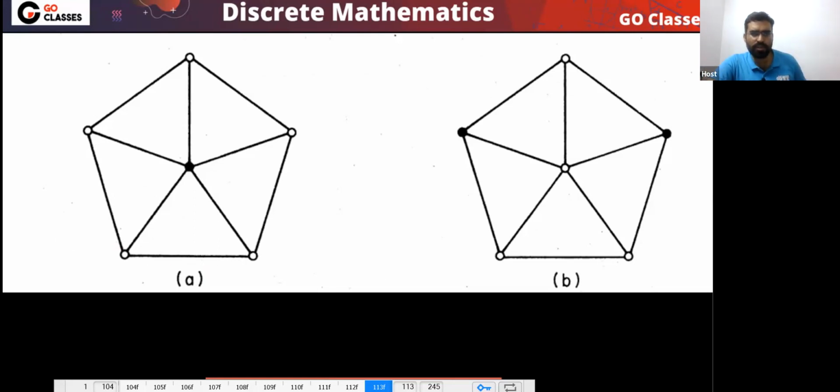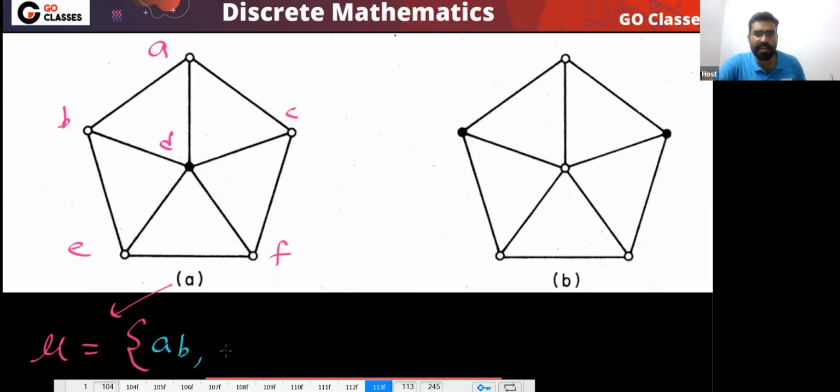Let's see for this graph, what is the matching number, mu? The graph has vertices A, B, C, D, E, F. The largest matching you can create is AB, DC, EF.